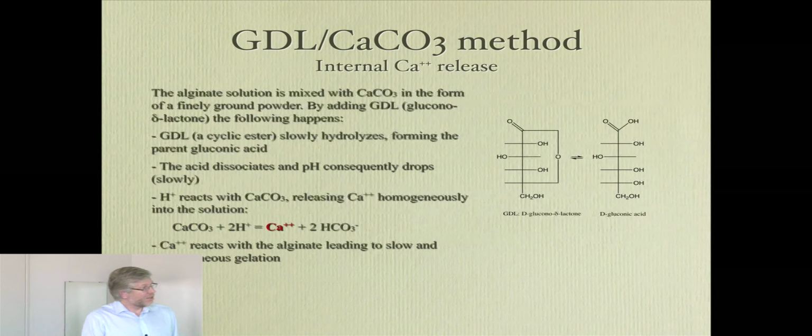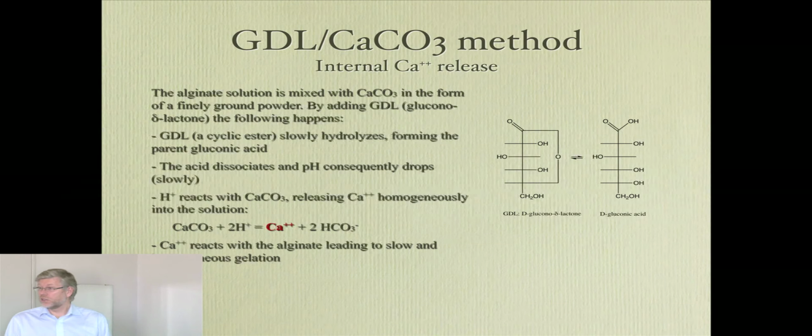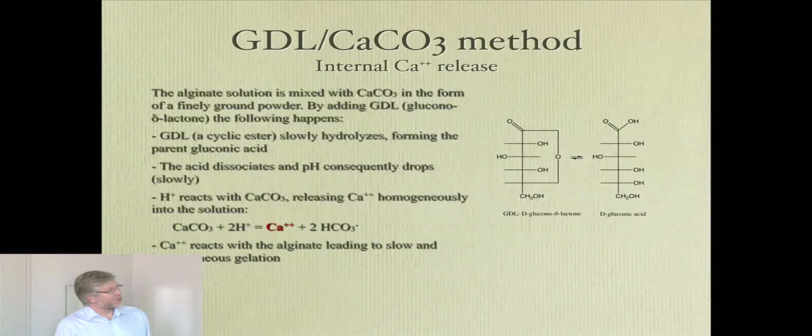And this compound is actually used in the food industry to manipulate pH, because when you dissolve this material, it is neutral, but it will slowly hydrolyze in water, forming carboxylic acid, and forming carboxylic acid leads to a decrease in pH.